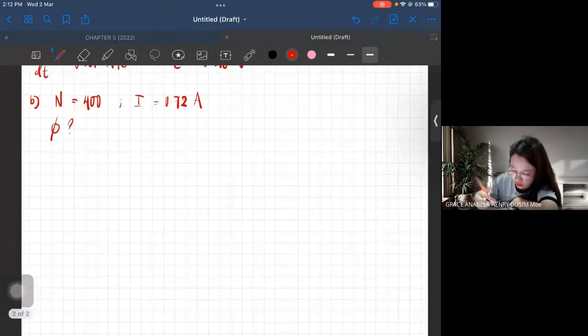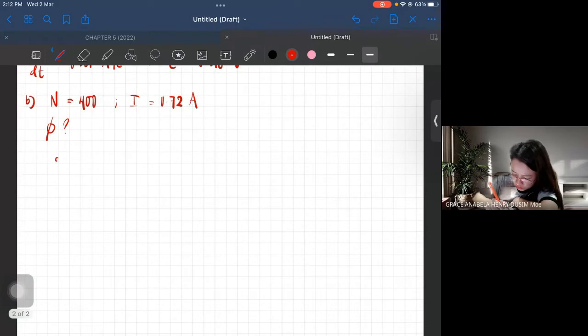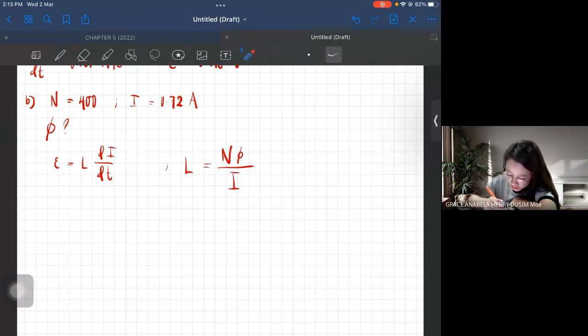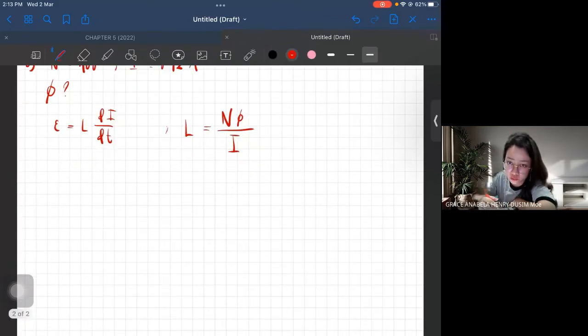So, untuk kita cari ni, we have to use the induced EMF punya equation, which is E equal to L di over dt. Okay, then ingat L, which is inductance, self-inductance, is also equal to NV over I. Okay, so the relationship is L untuk cari magnetic flux lah. Okay, so after dapat tu, substitute the value, this equation dulu.